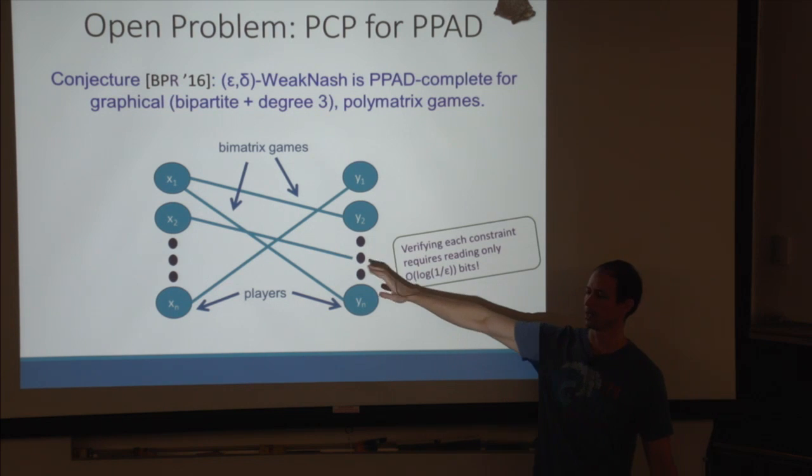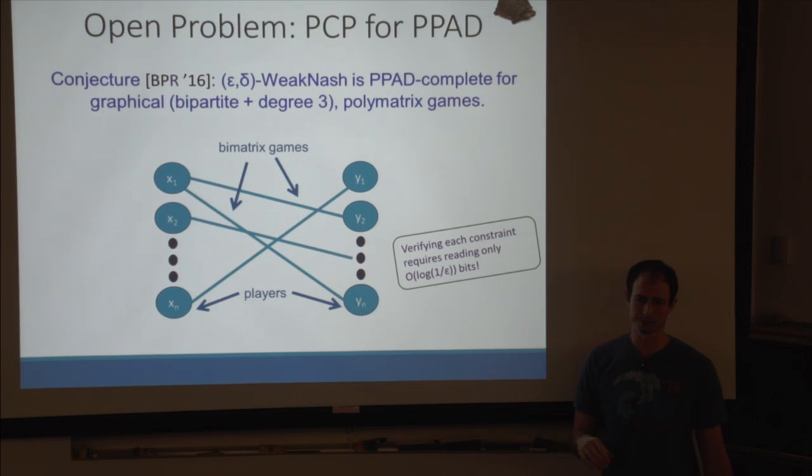And I only have a constant number of neighbors. So this is really a constraint on a constant number of bits, and I'm asking to prove that finding an assignment that satisfies 1 minus delta of the constraints is PPAD hard. An assignment is now the strategy. So an assignment is mixed strategies for all the players, a mixed strategy profile.